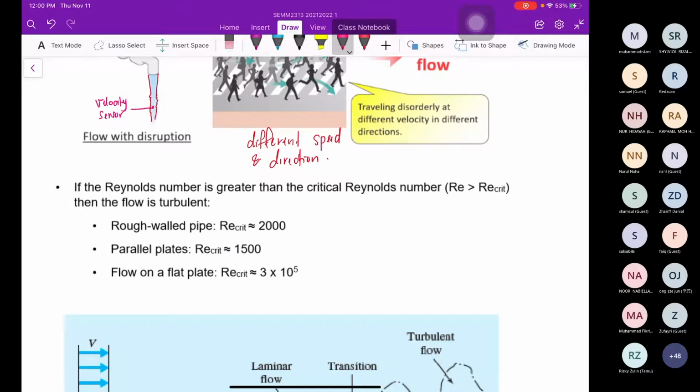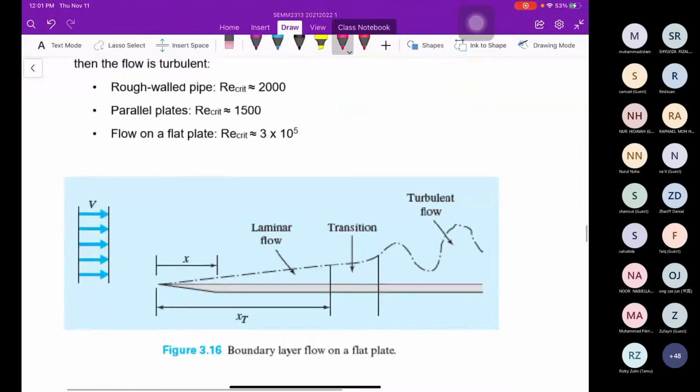For the parallel plate, if the Reynolds number is more than 1500, it is considered turbulent. Same goes for the flat plate. When we look at the flat plate, definitely the flow from here to here has a Reynolds number less than 3 multiplied by 10 to the power of 5.